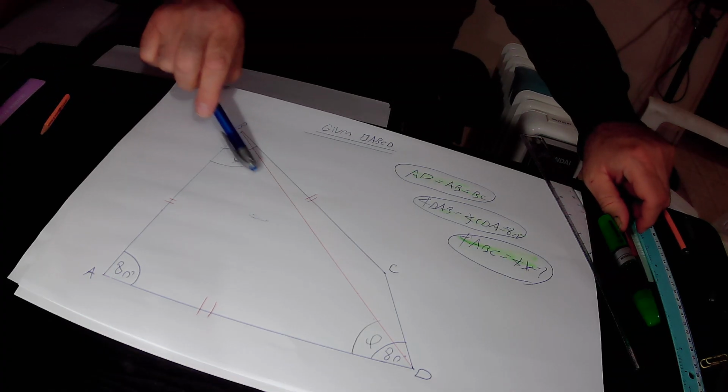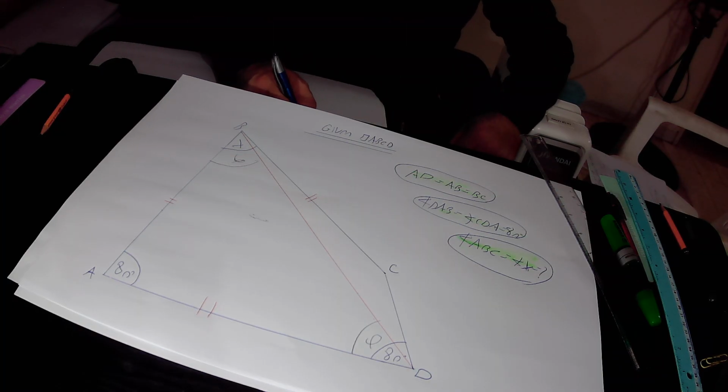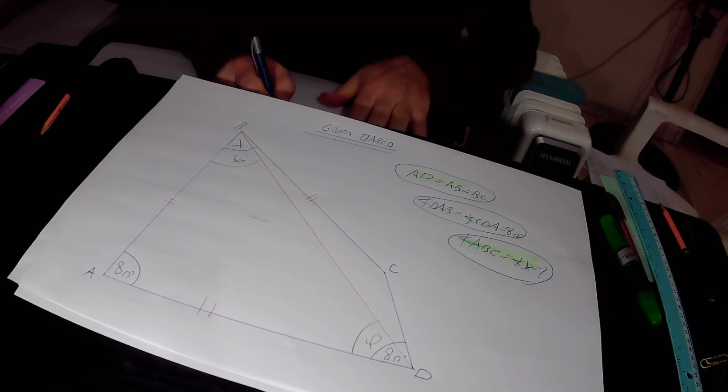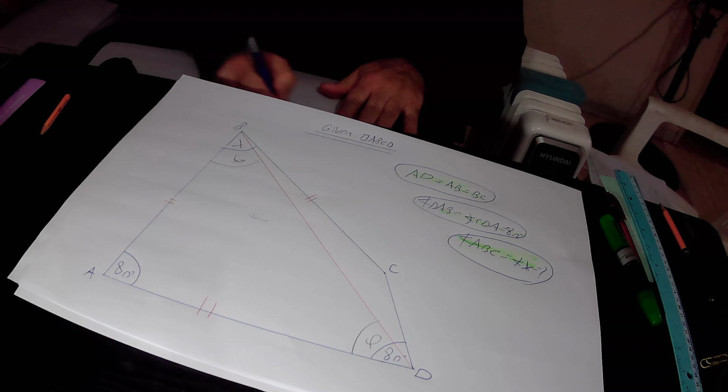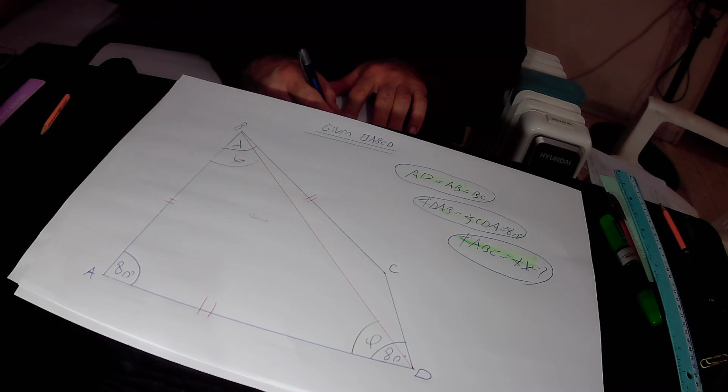In triangle ABD, the sum of the angles must be equal to 180 degrees. That is to say, 2 alpha plus 80 degrees, in total the sum of those three angles must be equal to 180 degrees.